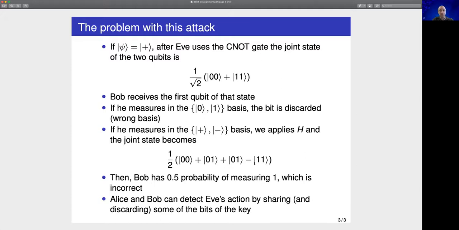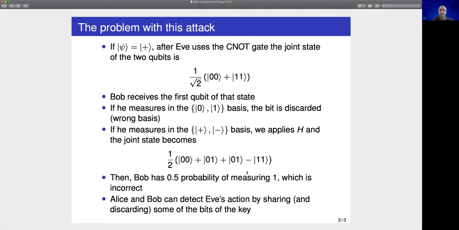But this is not what should happen, because if Eve had not entangled the qubit, then since Bob is using the same basis that Alice was using for encoding the bit, he should recover exactly the bit sent by Alice. So in this situation, half of the time he will obtain an incorrect answer.